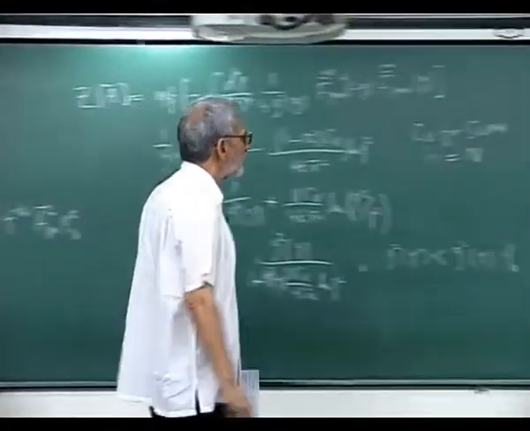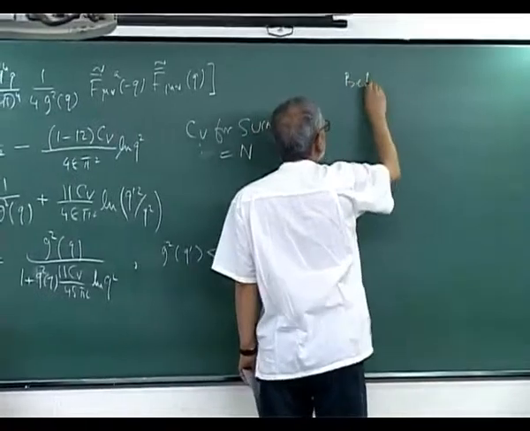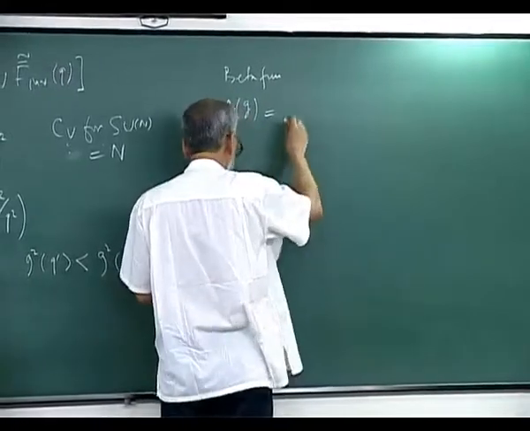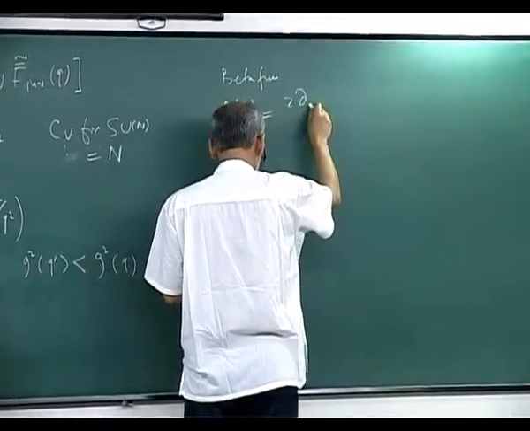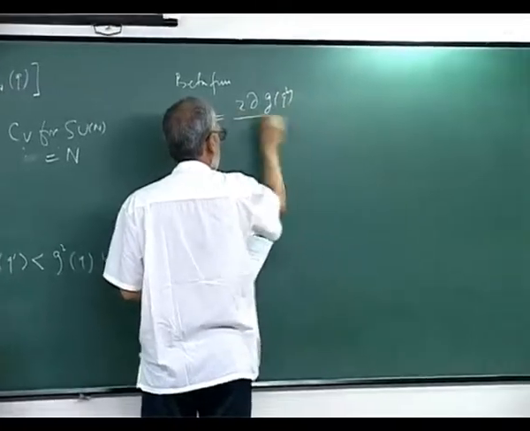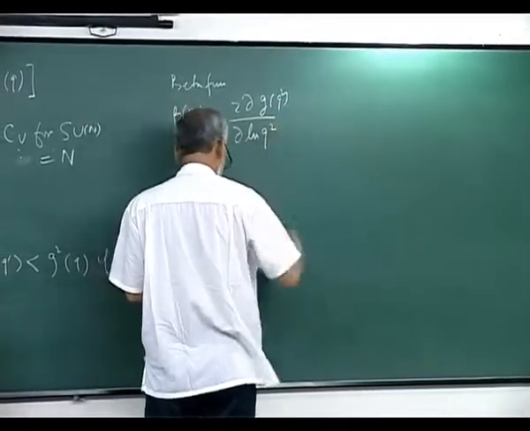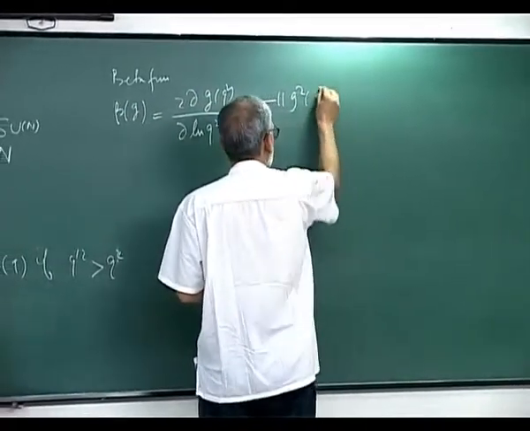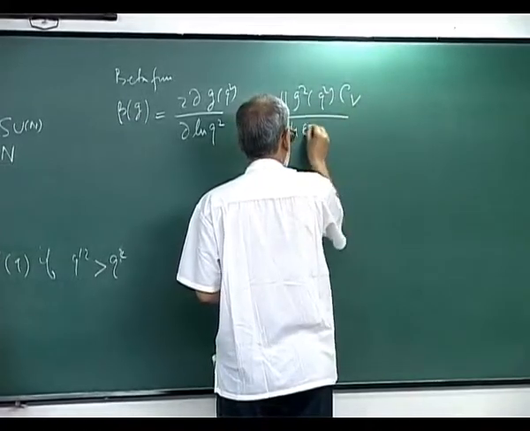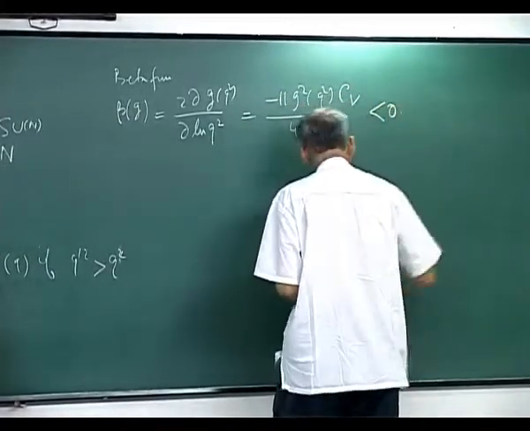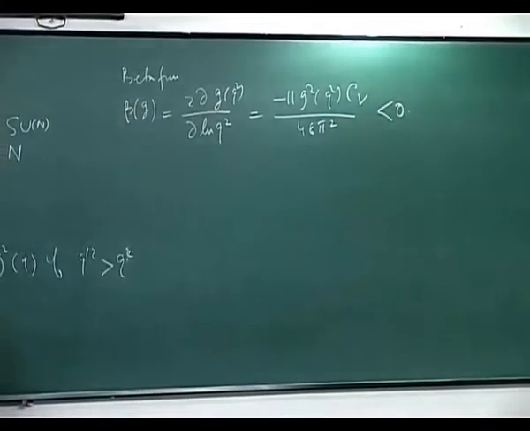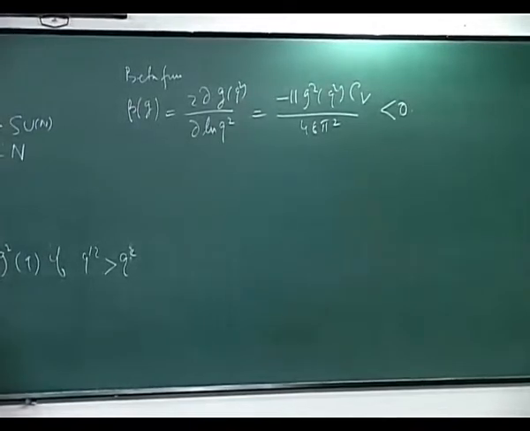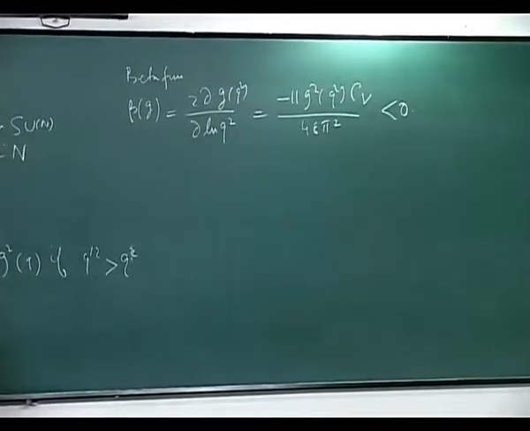And we introduce a concept called the beta function, β(g), which is twice the derivative of g(q²) with respect to the derivative of log q². And this object is minus 11 g³ C_V/(48π²) and is negative. So this important property of non-abelian gauge theories is that the beta function is negative. This is what we did last time.